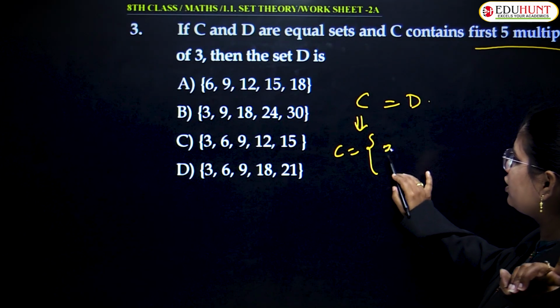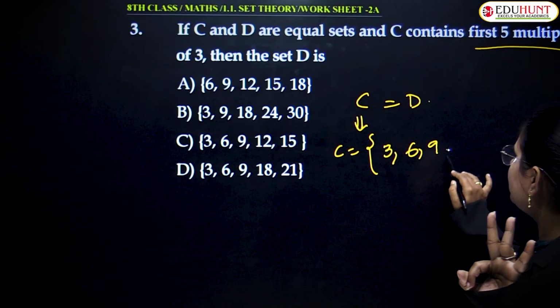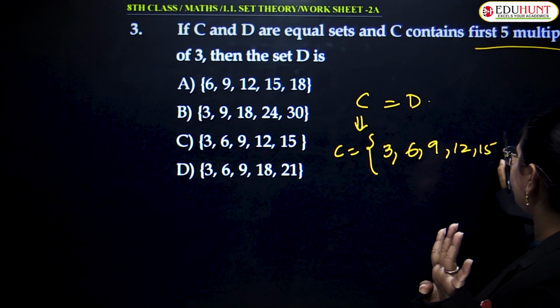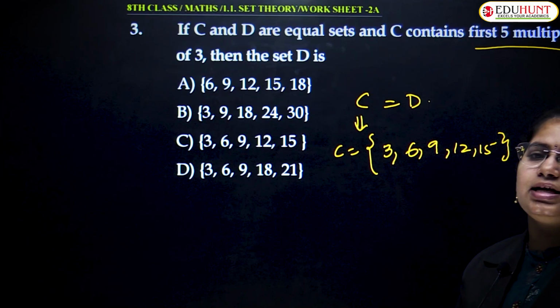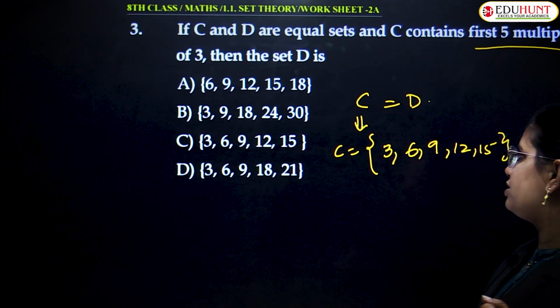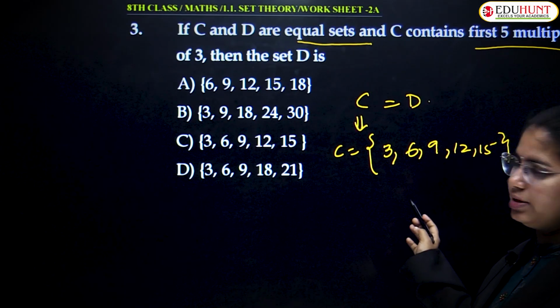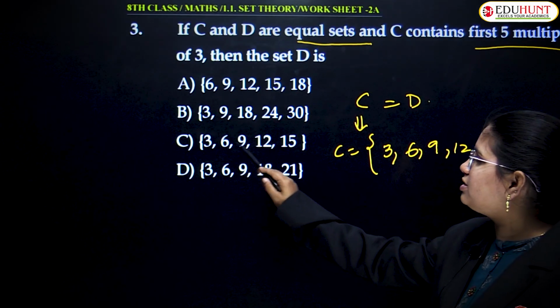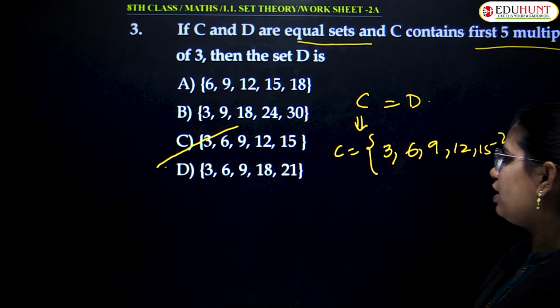So 3 1s are 3, 3 2s are 6, 3 3s are 9, 3 4s are 12, 3 5s are 15. This is also equal to D, because in the question they gave that C and D are equal sets. Equal sets means you will have the same elements, right? So option 3, 6, 9, 12, 15, option C, will be the answer.